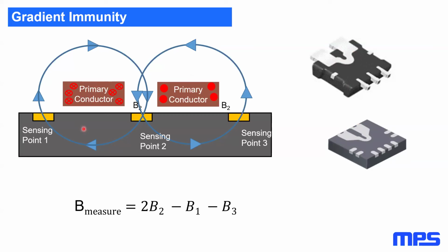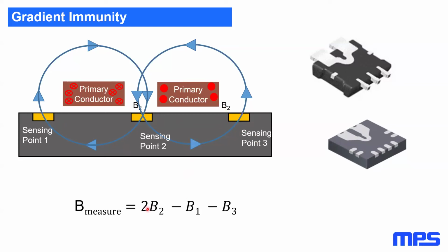We get a magnetic field rotating clockwise around this conductor, counterclockwise around this conductor, and essentially we will see double flux on B2, a kind of single flux on B1, which it looks like I forgot to label, but sensing point 1, and sensing point B3. So B1, B2, B3. I can see I screwed up these labels. My apologies.